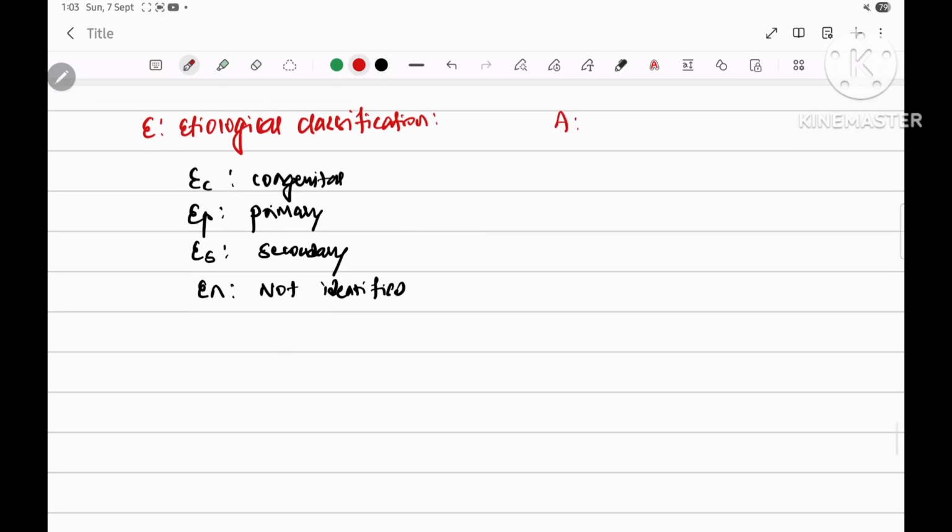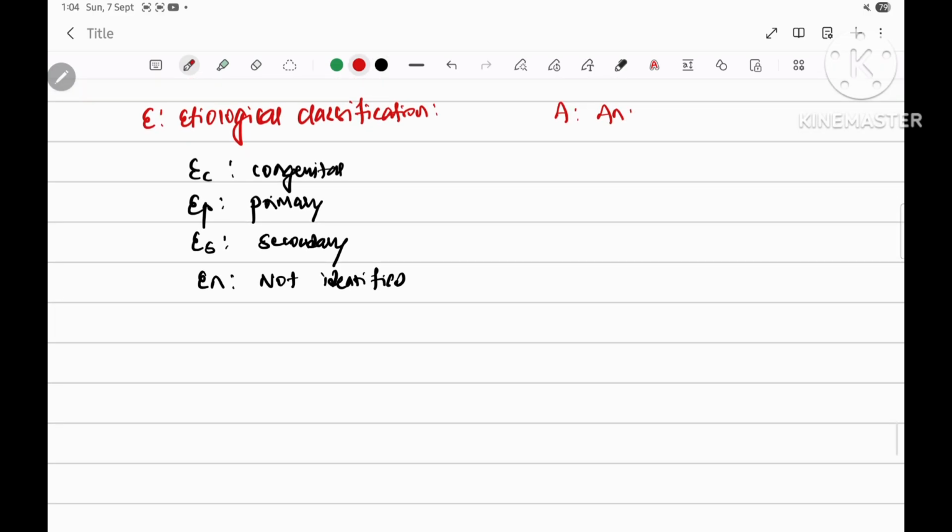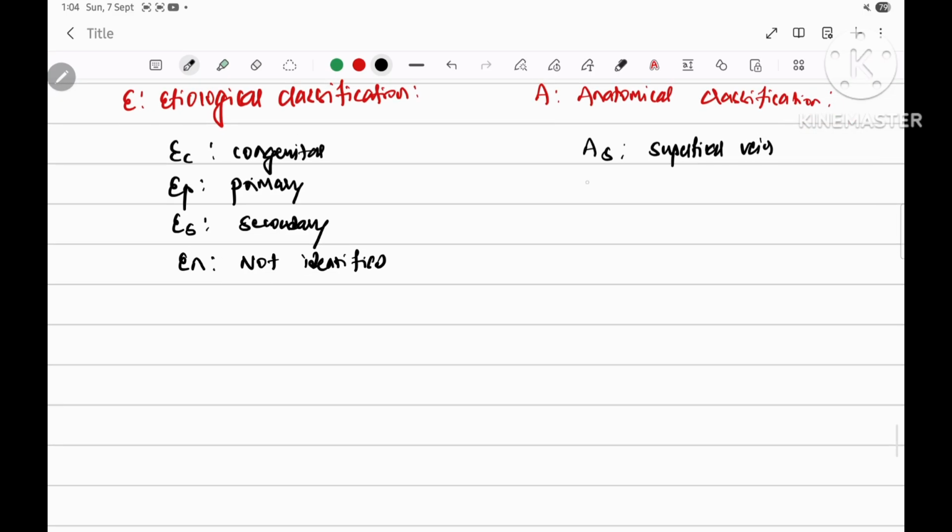Now A means the anatomical classification. In anatomical classification, we just have to remember which veins are involved. So AS means superficial veins are involved, those are the great saphenous and short saphenous veins.